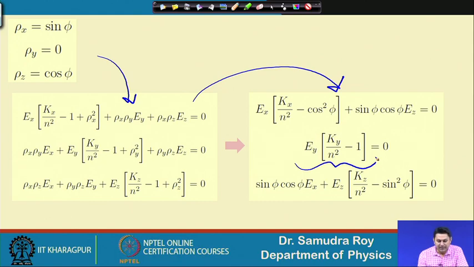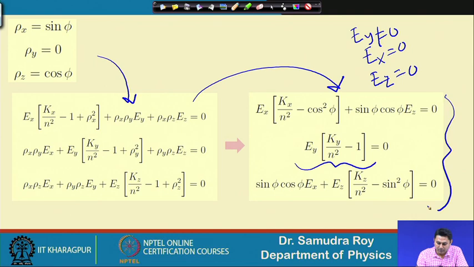That means one solution we can take, which is a trivial solution, is E x equal to 0 and E y not equal to 0. That means, in order to satisfy this set of equations for a given rho x, rho y, rho z, I try to find the solution of E x, E y and E z.